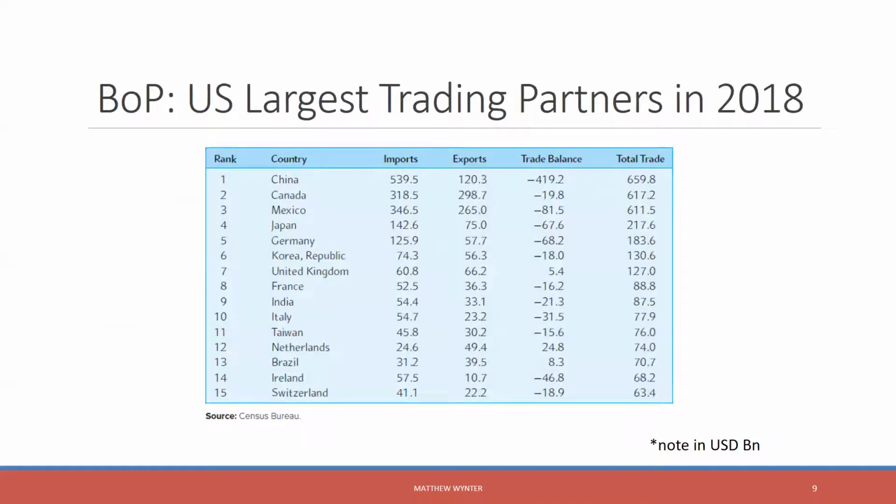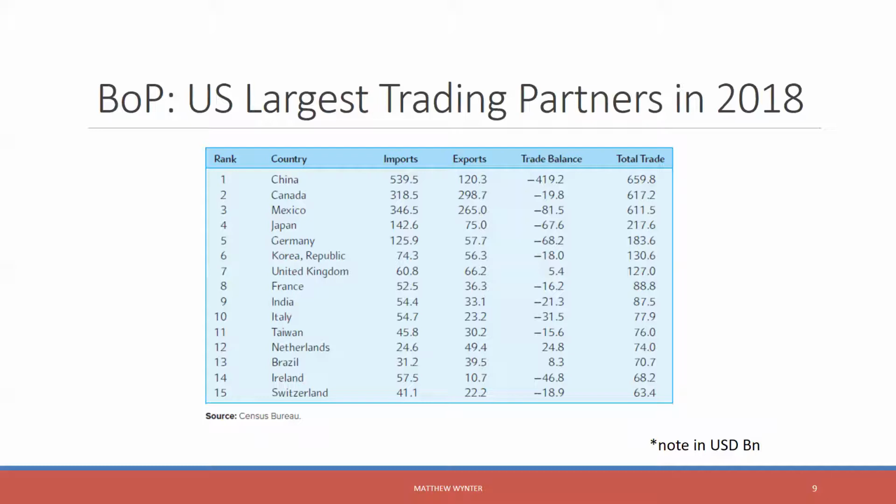Let's look at the US's largest trading partners. So what do you notice? Hopefully, what you can observe is that there's a difference between the countries that we import from and the countries that we export to. So our largest import partners: China, Canada, Mexico, Japan, and Germany. What do you see for our largest export markets?